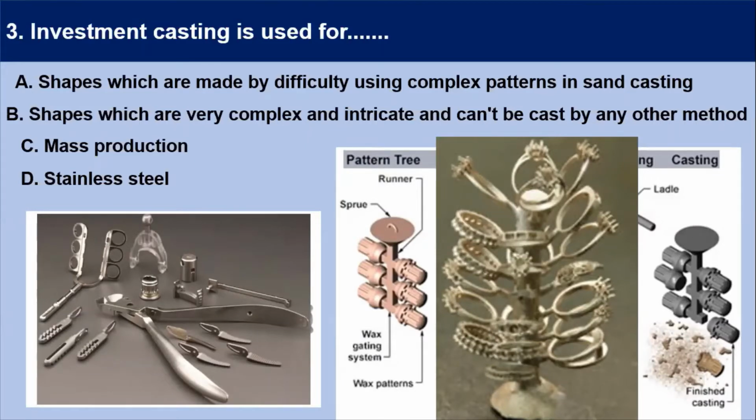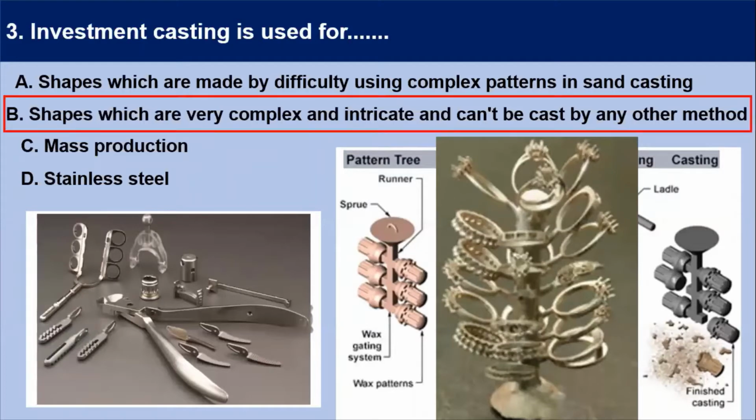Such types of shapes always require a tight tolerance, thinner walls and better surface finish than sand molding or sand casting. And that's why in this case our answer is B, investment casting is used for shapes which are very complex and intricate and can't be cast by any other method.